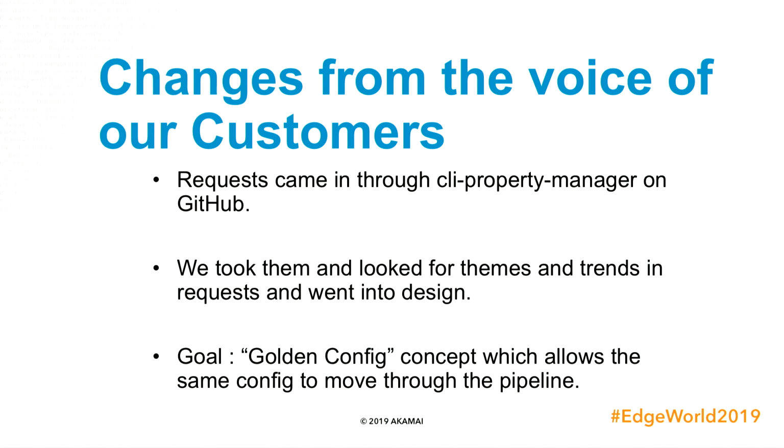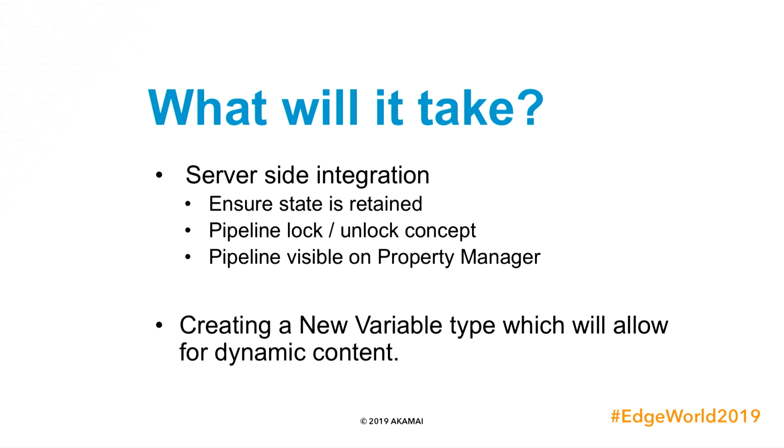The other thing that we've been looking at is this concept of a golden config. Right now, once you do this, you've moved entirely to the client side for the pipeline. Everything is done client side, and client side becomes definitive. But there are situations where people would rather edit in Property Manager, then bring that file down into the pipeline and put it through the pipeline.